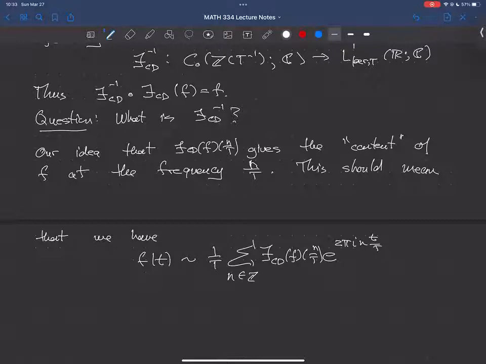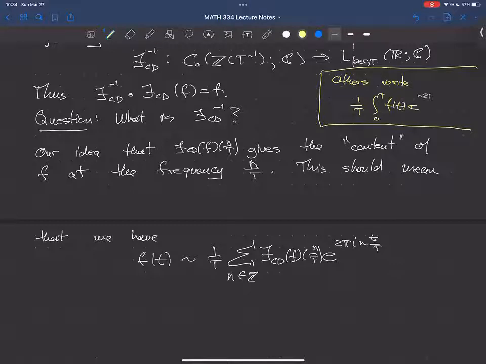Okay, and so I should say, off here in a yellow aside, that some authors will define the transform to be 1 over T, integral from 0 to T, f(t) e to the minus 2 pi i n t over T, dt.